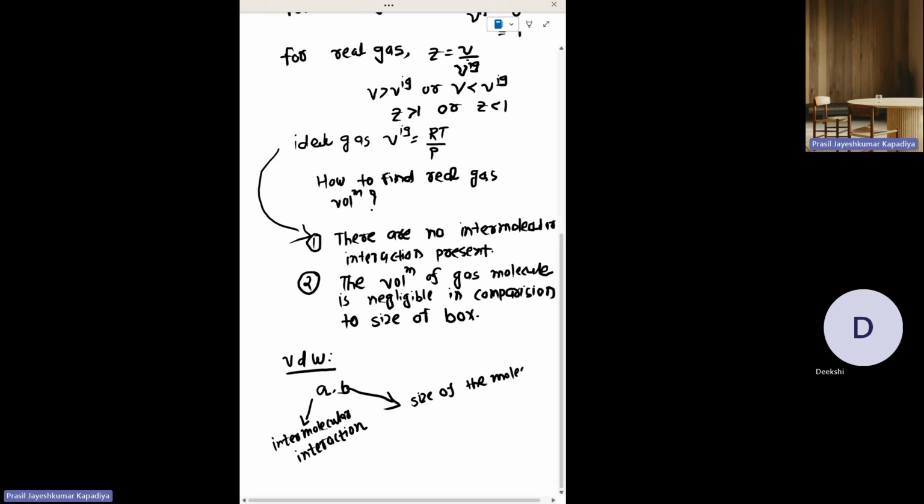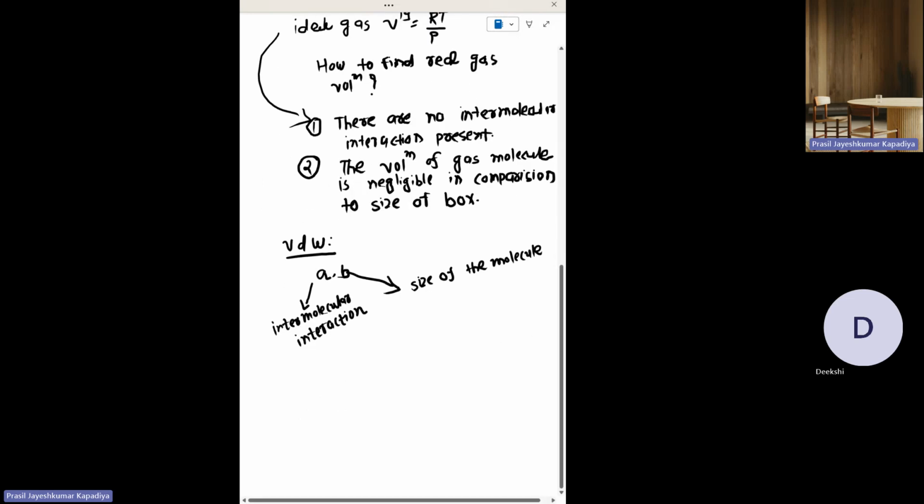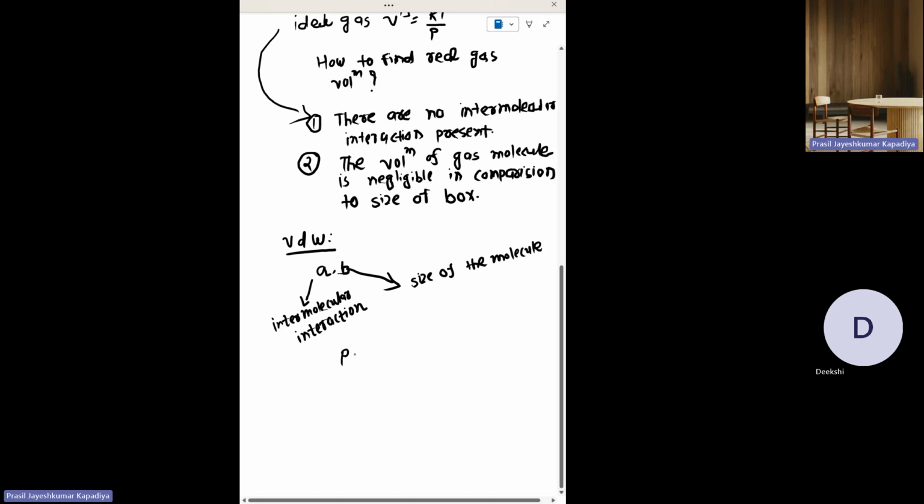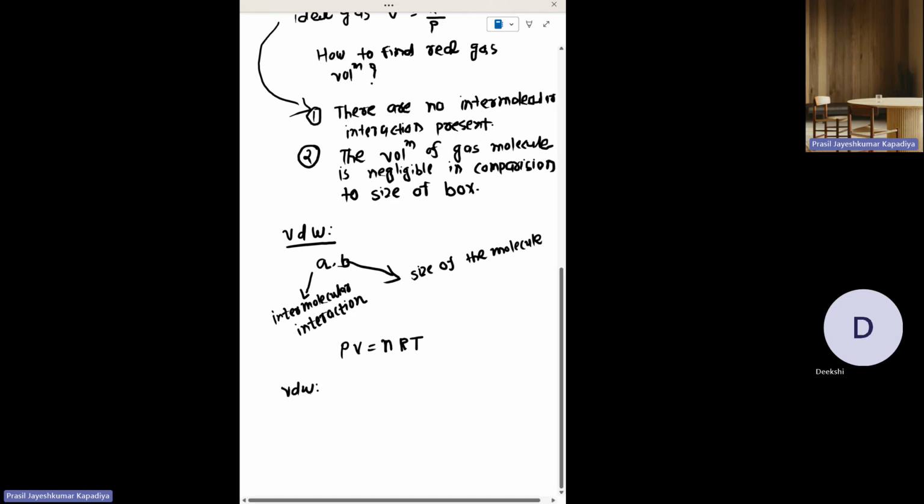If we introduce these two parameters, we can somewhat come to reality. So our ideal equation of state is P into V is equal to nRT, but the Van der Waals equation of state is P plus A into N square by V square.